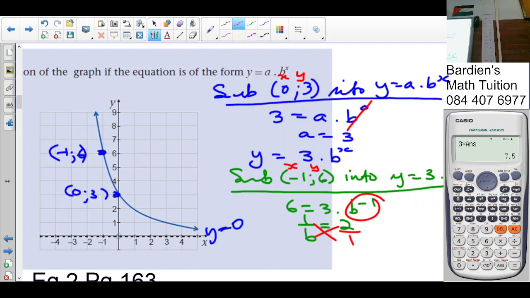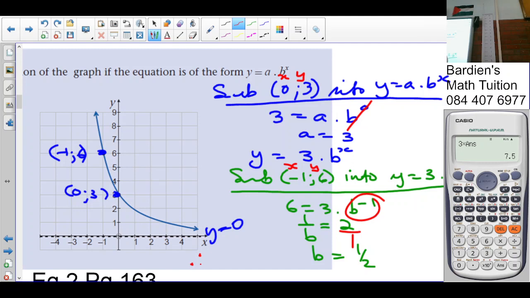You cross multiply, or I can take the reciprocal of both sides. It's a fraction on either side of the equal sign, so we can take the reciprocal, so b is equal to a half. Not so? Or if you cross multiply, 2b is equal to 1, divide by 2, b is a half. Are you all okay with that? So what's my equation?